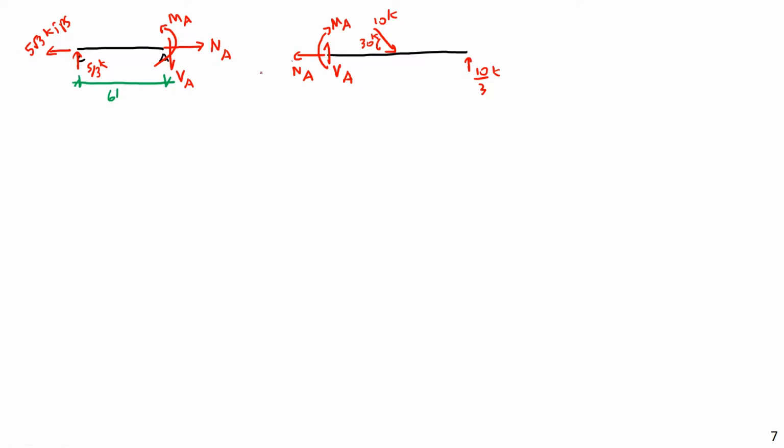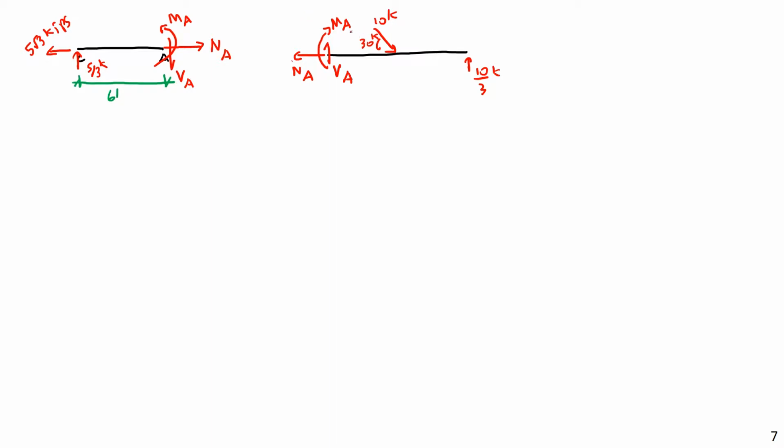This is where it gets particularly confusing, because this moment, even though it is clockwise, is positive because it's an internal moment on the right-hand side of a section. So again, positive shear and positive moment depend not just on what direction the force is going, whether up or down or clockwise or counterclockwise, but on what kind of bending they are causing the member to experience.